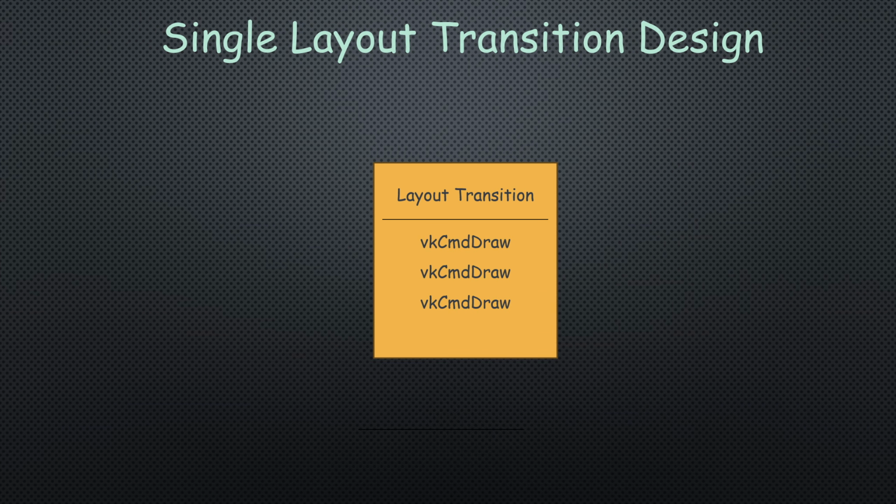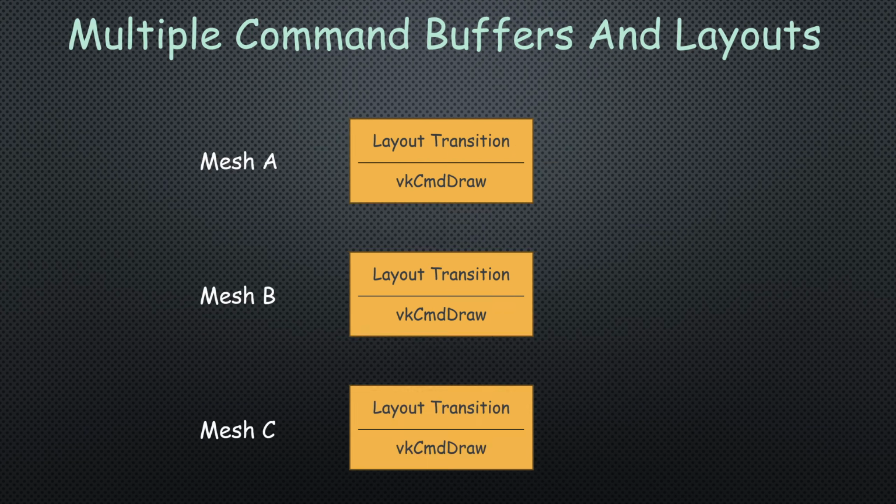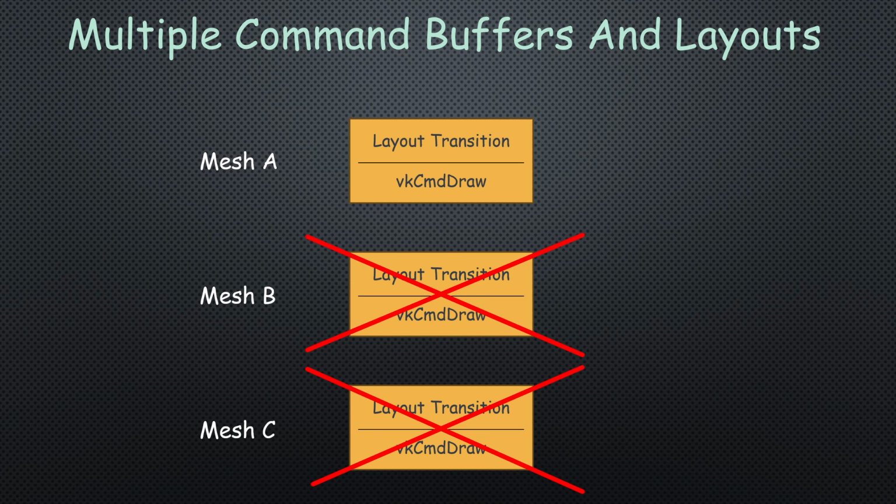A single layout transition would have been possible if all the meshes had been recorded into the same command buffer. This design is also valid. The advantage of a per mesh command buffer approach is that it allows us to cull the object entirely by simply not submitting its command buffer for execution.